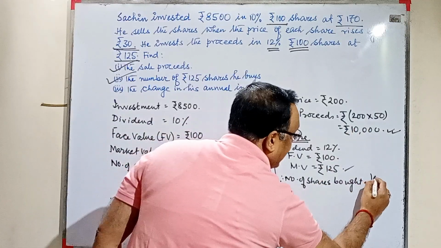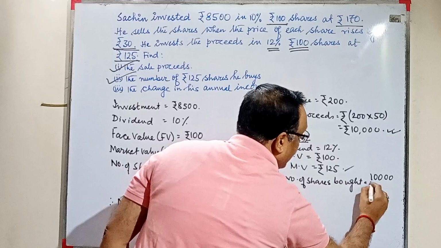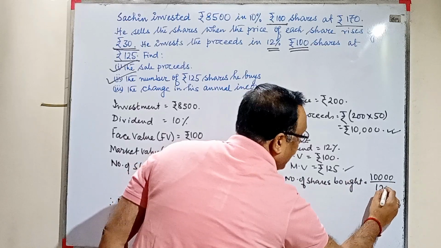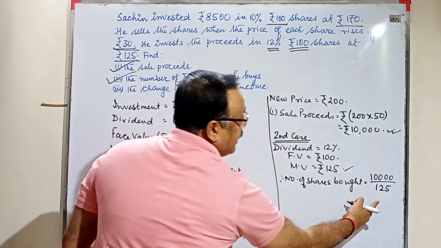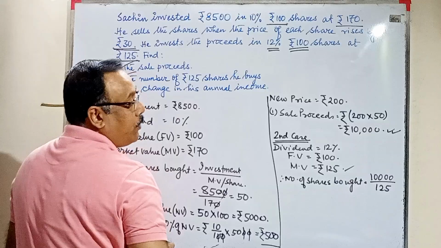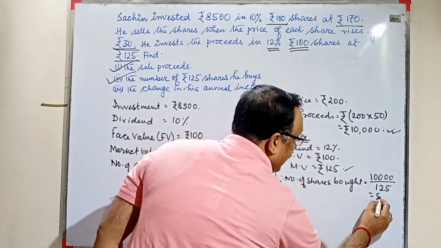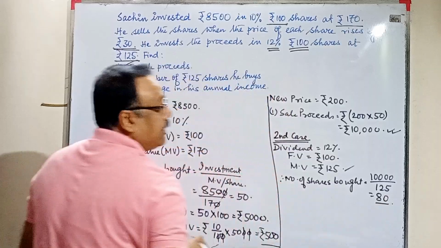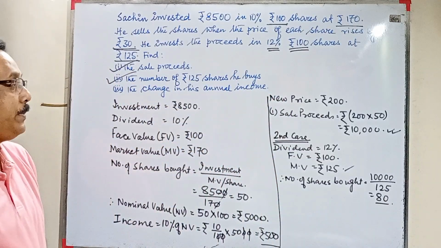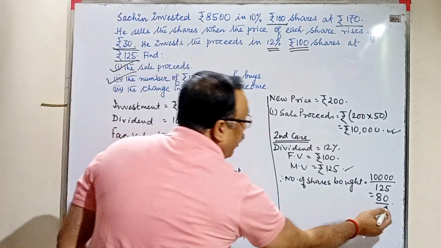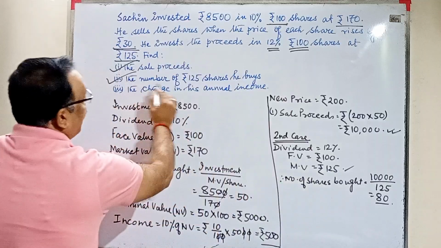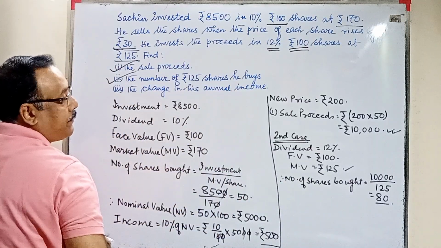Investment here is 10,000. So 10,000 divided by 125. So with 125, if I cancel, this becomes 80. We get 80 shares. 80 shares can be purchased. So the second answer is, number of 125 shares is 80.